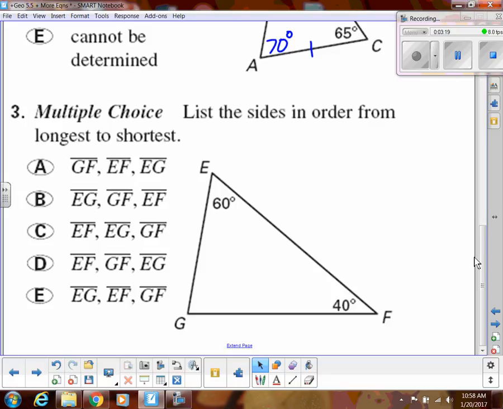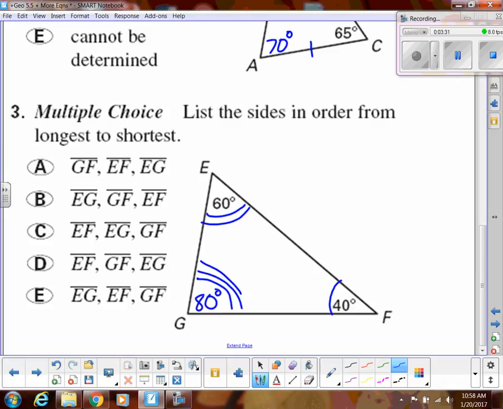All right, so the third angle would be 80 degrees. The smallest angle is 40, medium is 60, 80 is the largest. So sides rank from GE to GF to EF. So GE should be first.